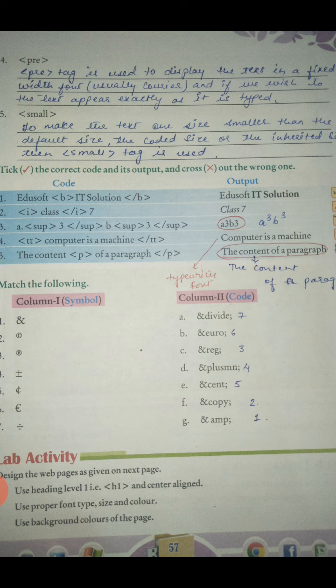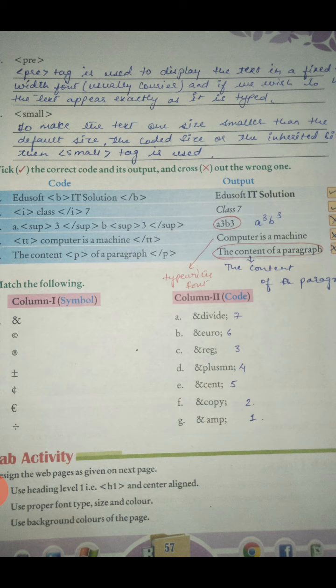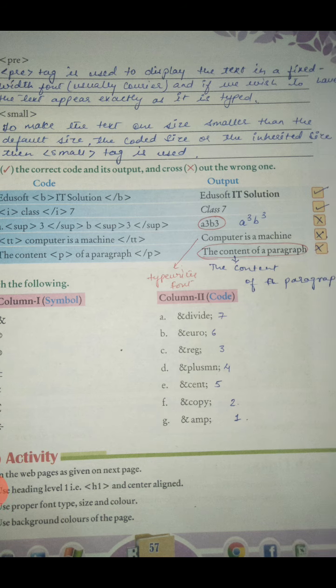The next is the small tag. We have just learned and revised that the small tag is used to make the font size one size smaller than the default one. So the use we will write here is, to make the text one size smaller than the default size, the coded size or the inherited size. What is the coded size? Suppose you are specifying some code size.